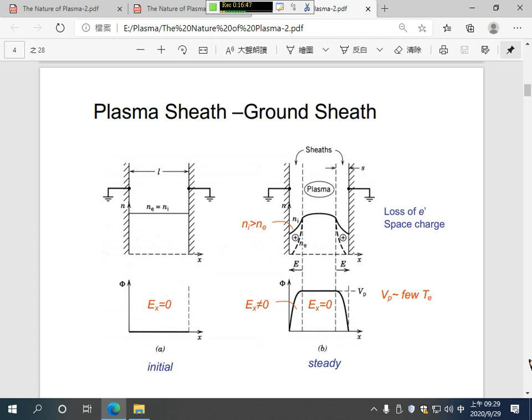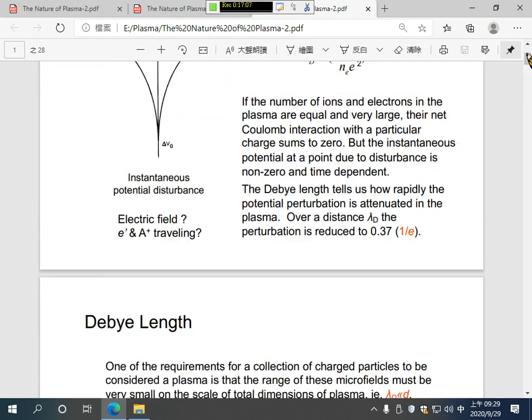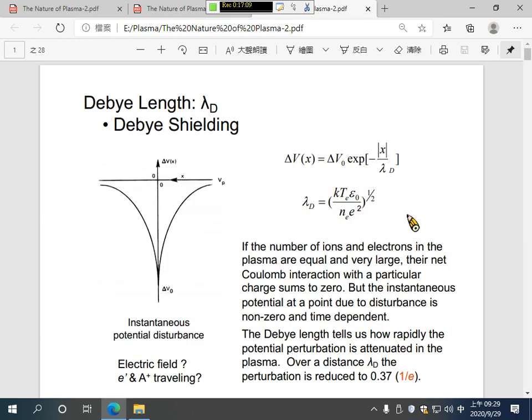We can consider that inside the plasma, the potential is equal all over the place. So plasma is equipotential inside. The plasma potential is equal all over the system.